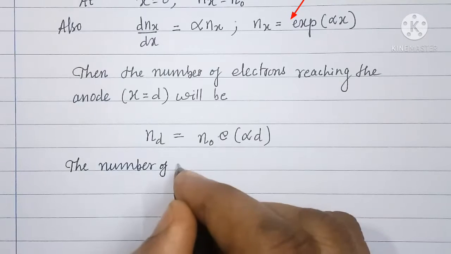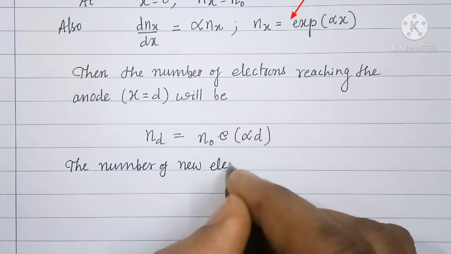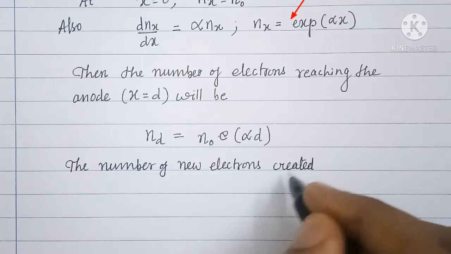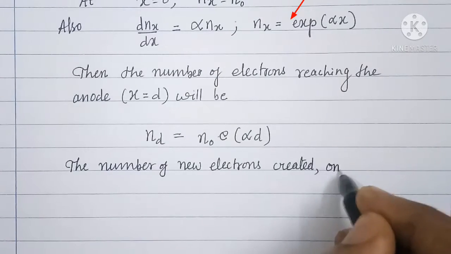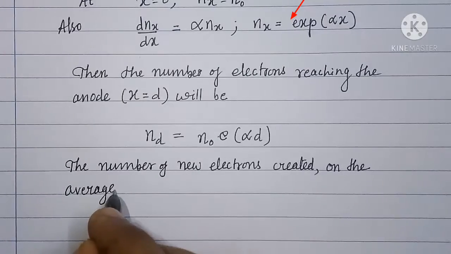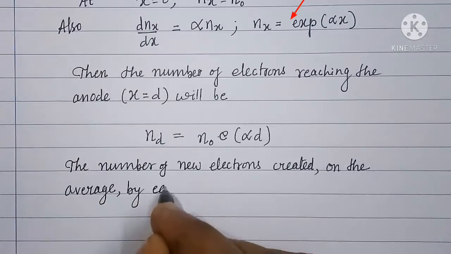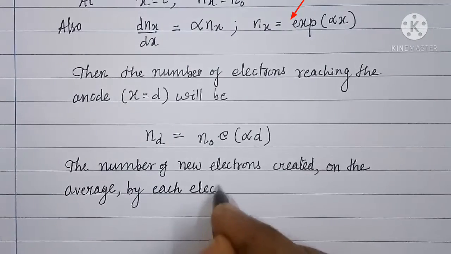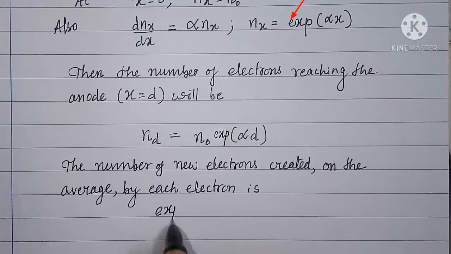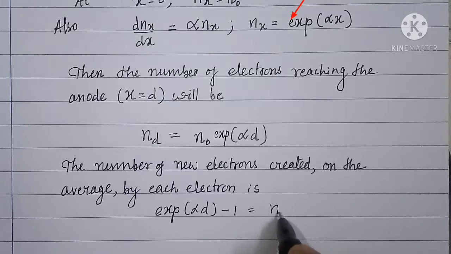The number of new electrons created on the average by each electron is e to the power alpha d minus 1, equal to nd minus n0 divided by n0.